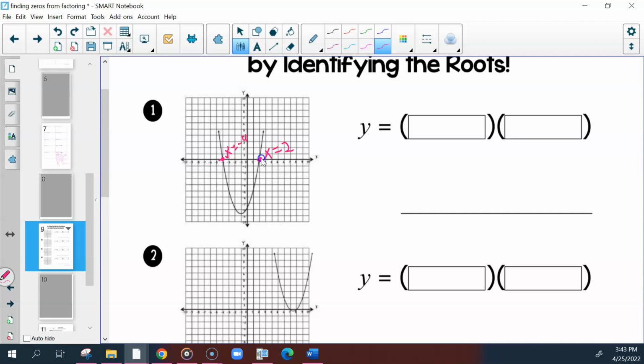So just as when we solve the factors, they would be backwards, when we write them, they would also be backwards. So instead of -4, that would be x plus 4. Instead of +2, that would be x minus 2. And if you are not sure, you could set it equal to 0. So if I put x plus 4 equals 0 and I solve it, I should get the same x-intercept. If you don't, then you put the wrong sign.